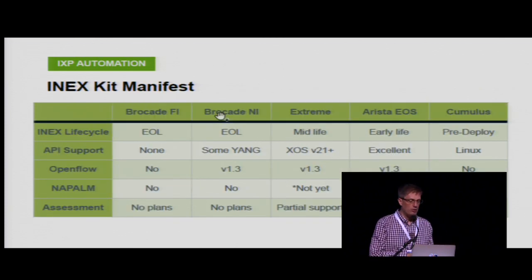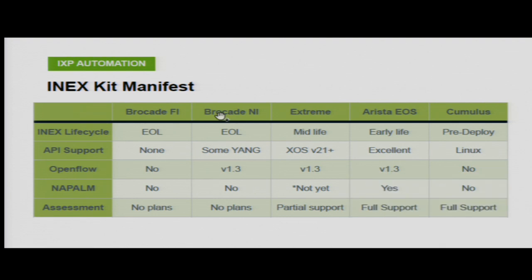Okay, in terms of operating systems, we have five that we either have or are looking at: Brocade FastIron, NetIron, Extreme XOS, Arista EOS, and Cumulus. And they're all in various life cycle stages at the moment. In terms of assessment for automation, we are going to fully automate Arista and Cumulus. Arista is in production at the moment. Cumulus is in pre-deployment.